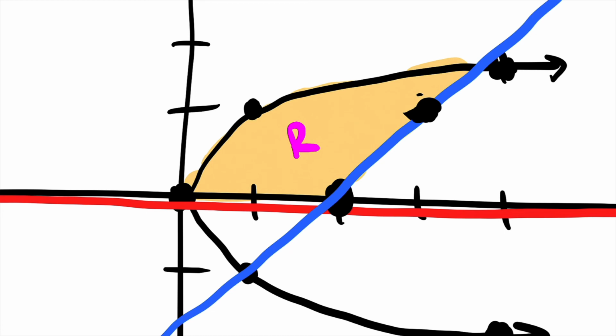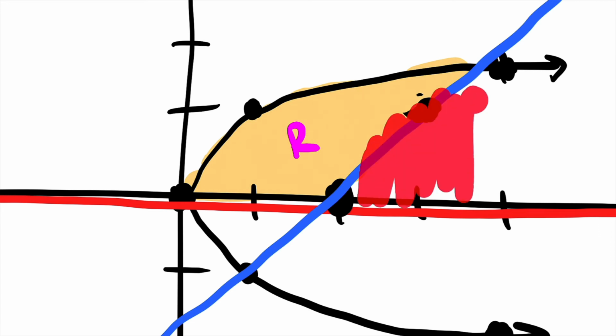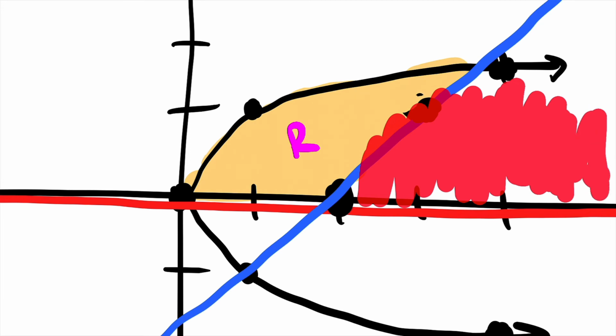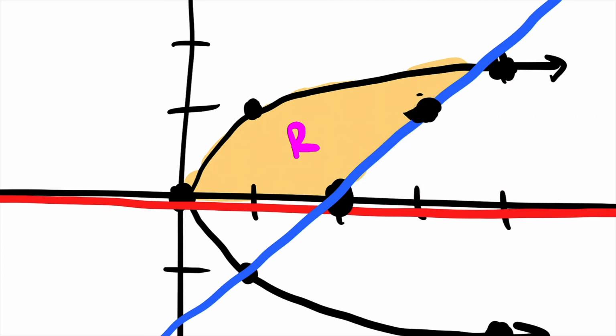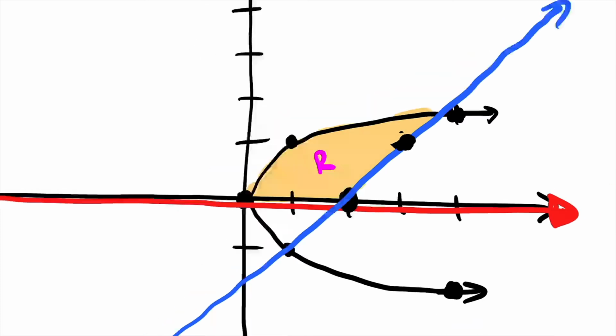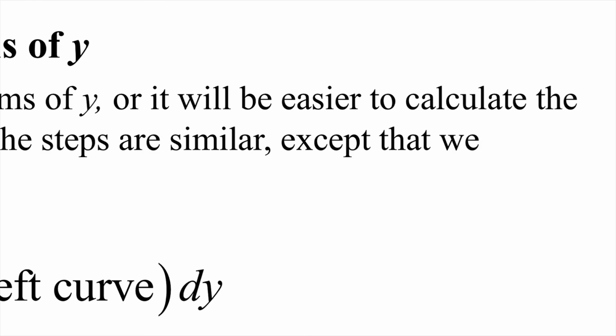If I were to take away the blue, I wouldn't even care about the blue. It's not enclosed, right? So even if I did have bounds, it would also cover this part here. And like you said, there's no enclosure, so it would keep going. Where do I stop? So there's an issue. Everything we've done so far is not working. So that's when we use these steps here. So we're going to look at it in terms of y.